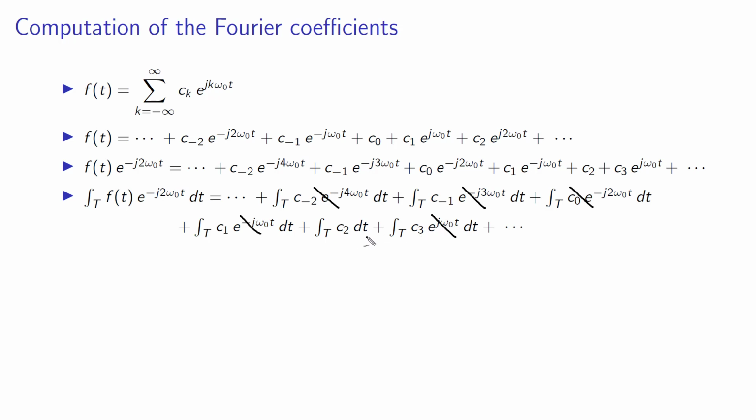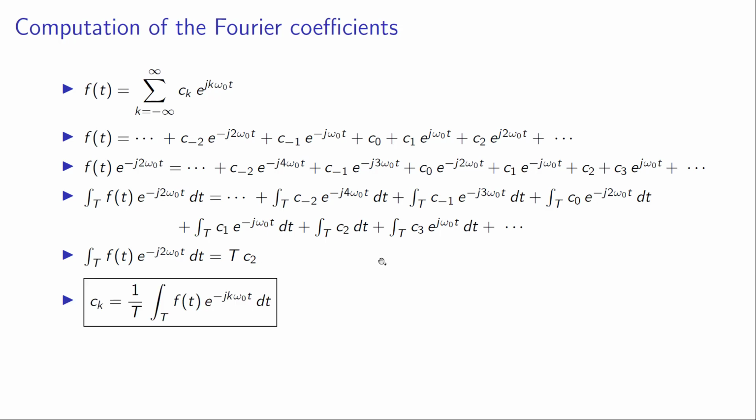So here we'll have simply C2 times T. So this is what you see over here, and I can bring, of course, the T to the other side. So C2 will be the average over a period of the function you see appearing here, f of t times the exponential of minus j2 omega 0 t. We have done this for C2, but we can do this for any Fourier coefficient. So in general, for ck, this is the expression that we are going to obtain.